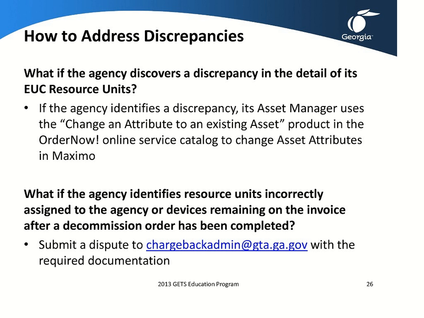For EUC, the required documentation is the rationale for filing the dispute, the resource units in question, the asset tag number for those units, the cost center, the date range, and the invoice month in question.